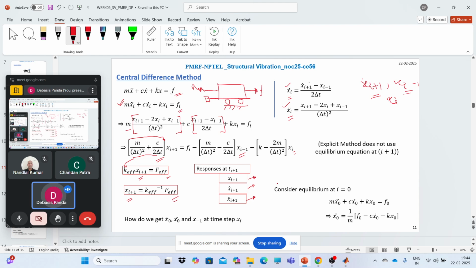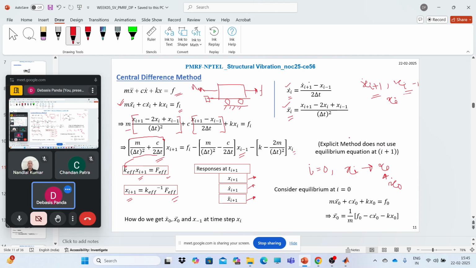Now here are some catches. When we start with I equals 0, at this point my xi will become x naught. So the x naught value we know, the initial displacement. Also the x dot naught value is known to us.